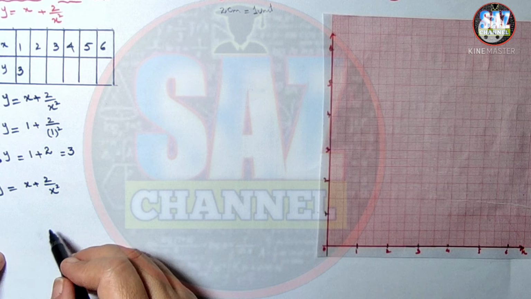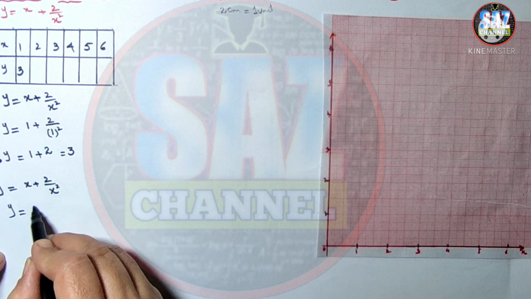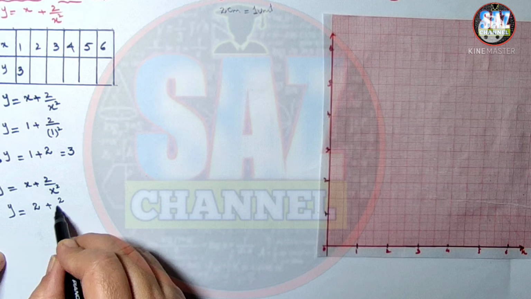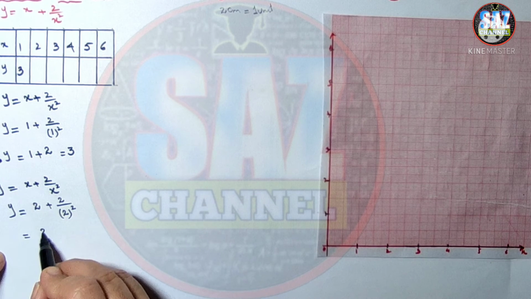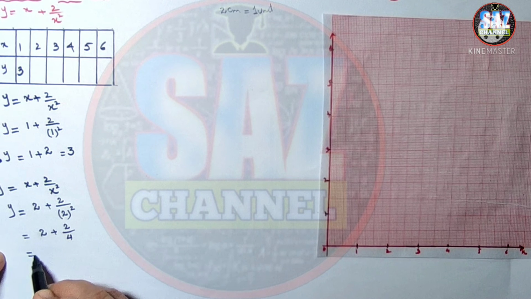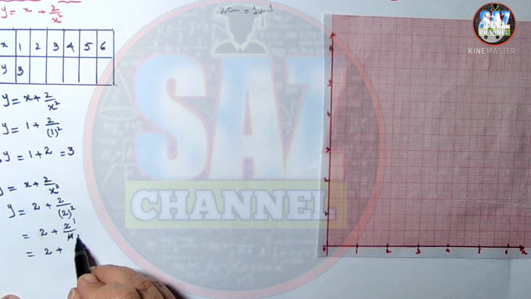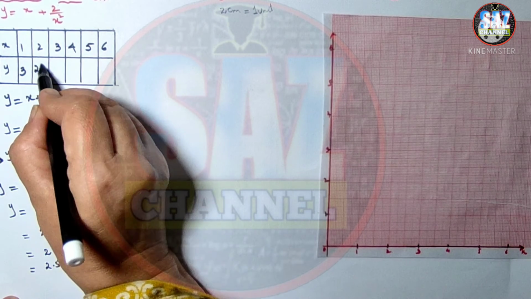We replace x by 2, and my equation will take the form 2 plus 2 over 2 square, which is 2 plus 2 over 4. 2 over 4 is 1 by 2, which is 0.5, and so the value of y will become 2.5. So the second value of y is 2.5.